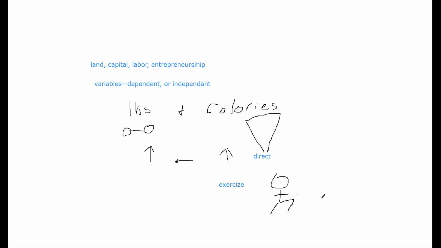That's somebody running, and they're running fast, so we'll put some wind here. So we would expect that if exercise increases, that the number of pounds would go down. So this is referred to as an inverse relationship. The variables are moving in opposite directions. Inverse.